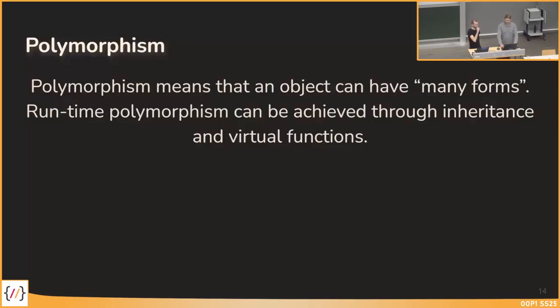Okay, if we now read through these sentences, polymorphism means that an object can have many forms. Runtime polymorphism can be achieved through inheritance and virtual functions. Yeah, what does this mean? We can have a base class, we can have subclasses. So we can have methods in the base class that are implemented in the subclasses, which do different things.